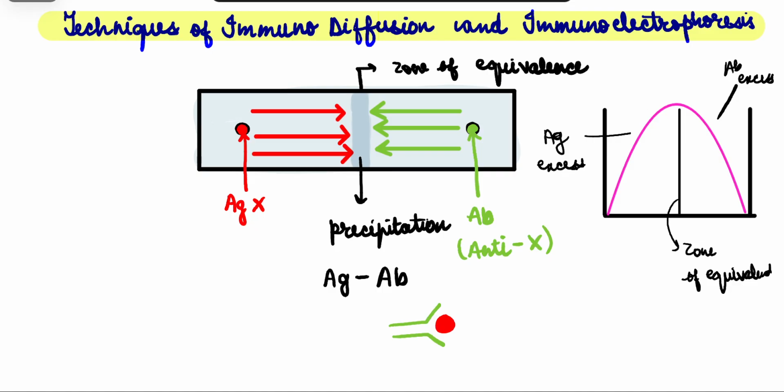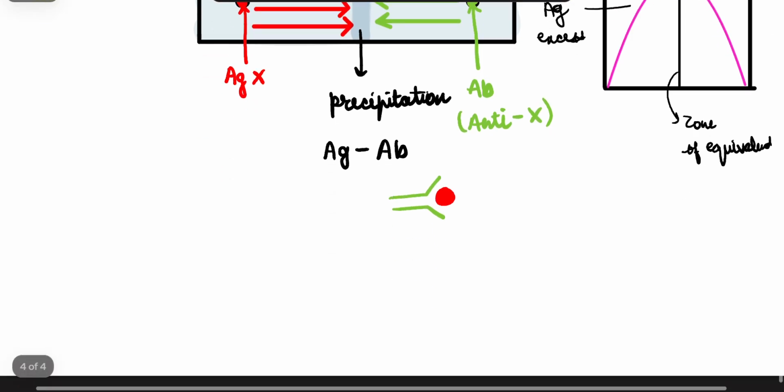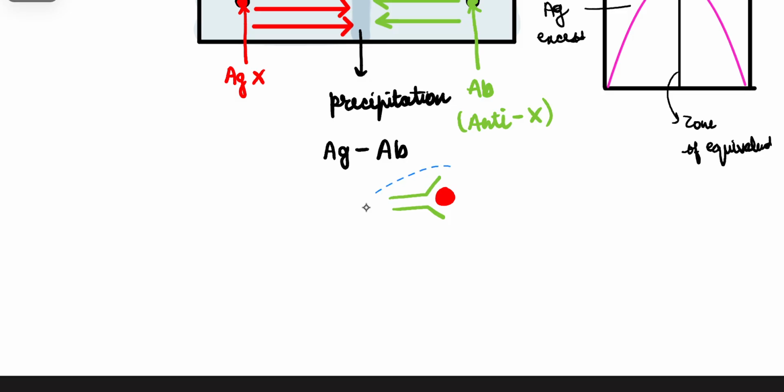Now this whole technique which I have talked about is what we call the diffusion of the antigens and antibodies, or the immunodiffusion and the precipitation. Now I will talk about why the precipitation happens. So see, when the antigen and antibodies link together, like in the example here, this can be in multiple forms, right?